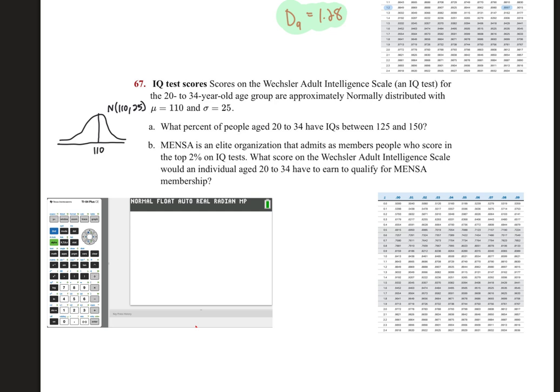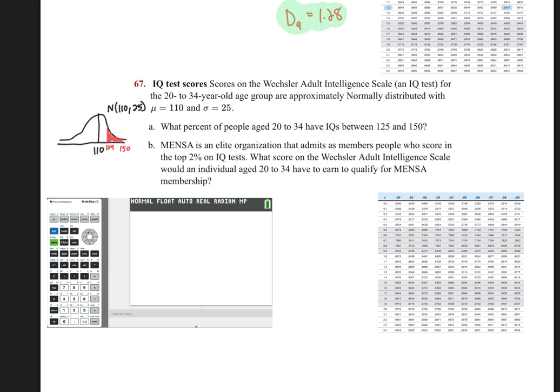And we want the percent that are between 125 and 150. So it might be around right there is 125, and maybe right there is 150. Okay, so that's the area that we're looking for in our answer.